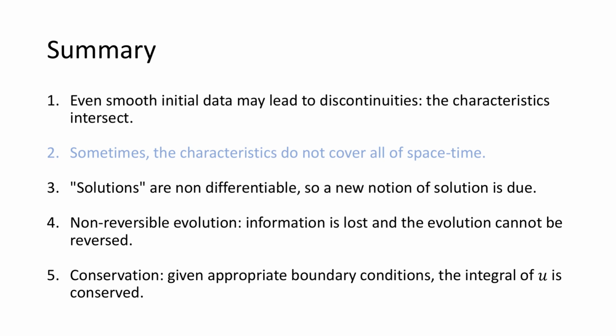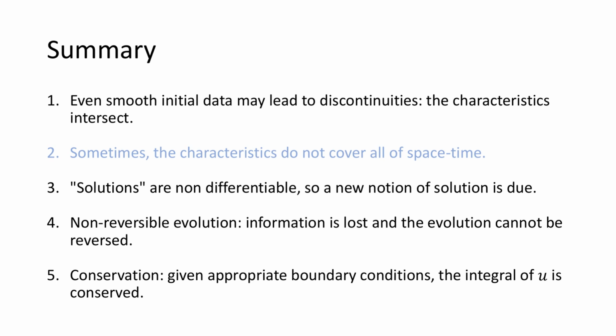So let's summarize this lecture. What we've seen is that even smooth initial data may lead to discontinuities because their characteristics intersect. That's a new mathematical challenge for conservation laws and will also be a challenge in their numerical analysis.